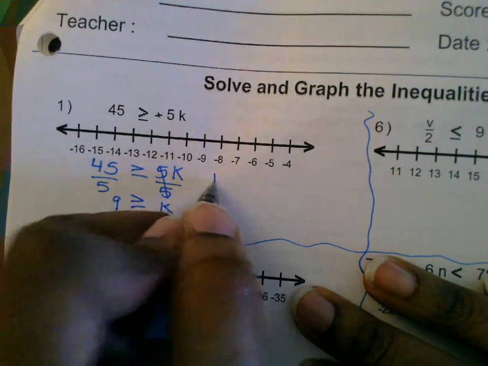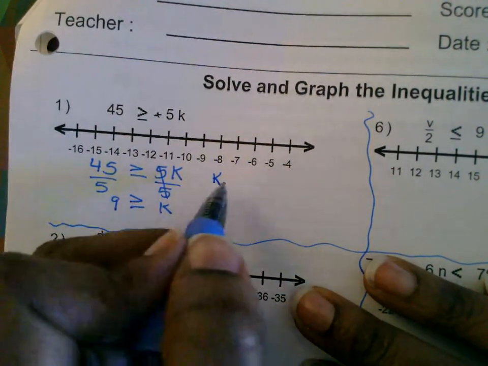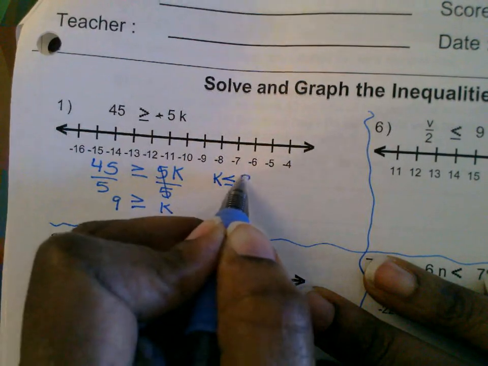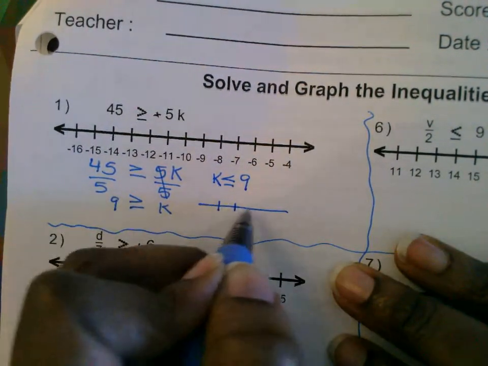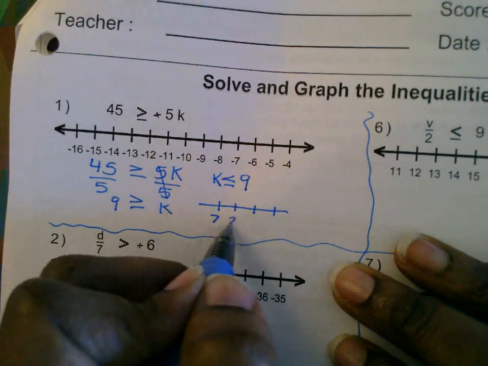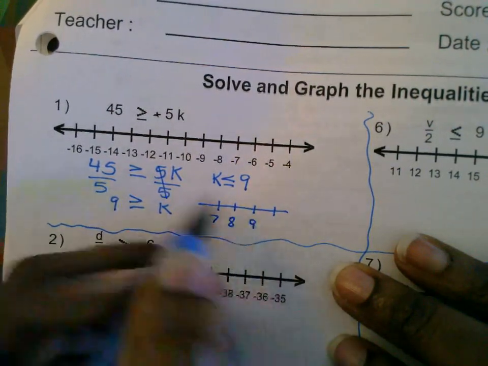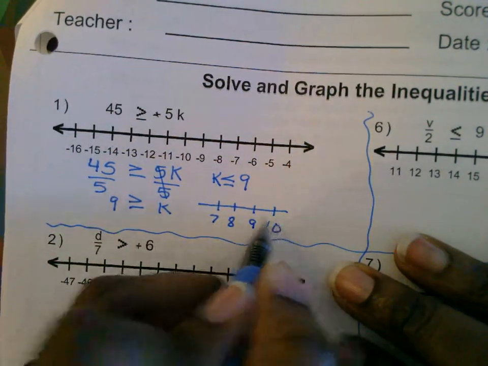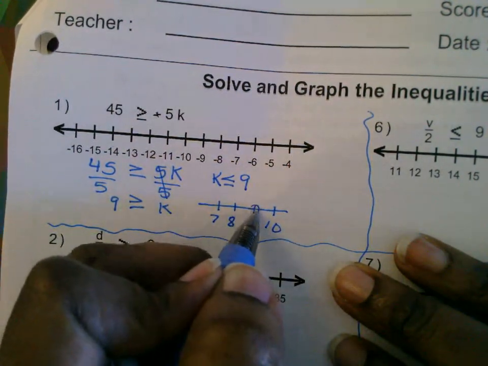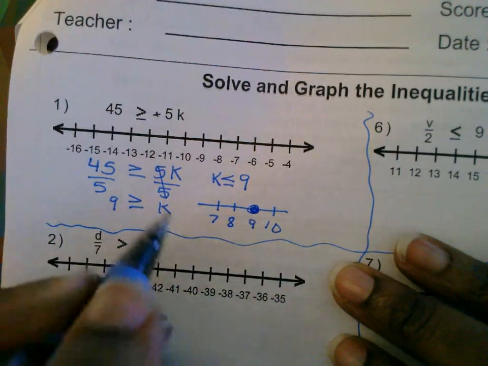And I'm going to write it in reverse order. K is less than or equal to 9. So on the number line that I have to draw my own because this one is only negatives, it will be a closed circle on 9.